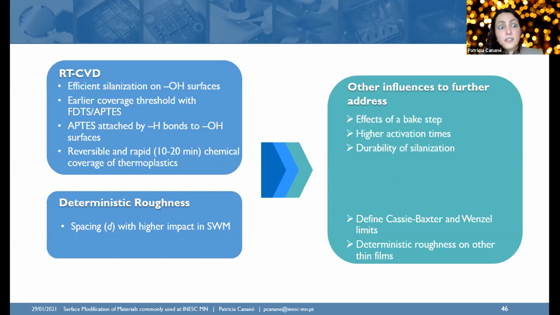For example, with RT-CVD you only need 6 microliters of a chemical reagent, which you can select according to the application you want. For example, if you want to use it in a biological application, I would suggest that you use APTS instead of FTTS. APTS is very used in biological applications in liquid silanization.